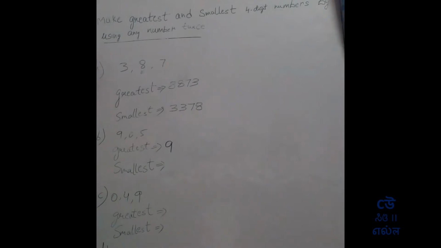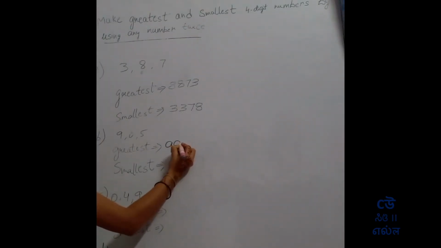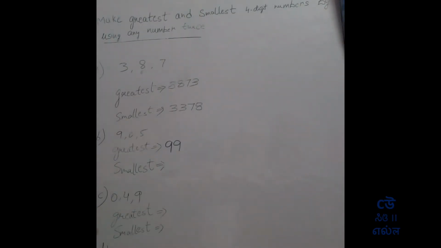The condition is using any number twice. So to find the greatest number, we use the greater digit twice, so we use 9 twice.